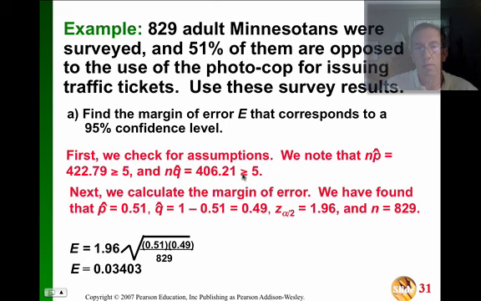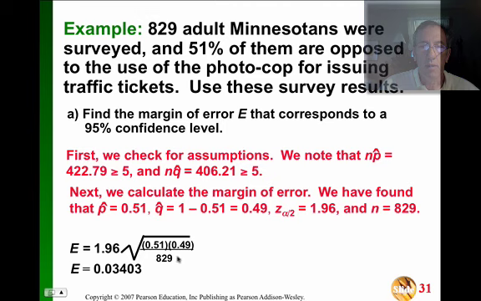Both of those are much greater than 5, and they meet our requirement so that we can do this calculation. And we use P hat 0.51, which was given to us, and the complement of P hat, 0.49.